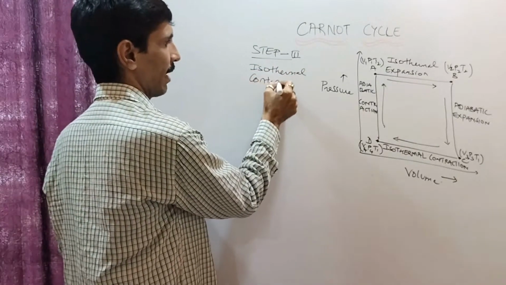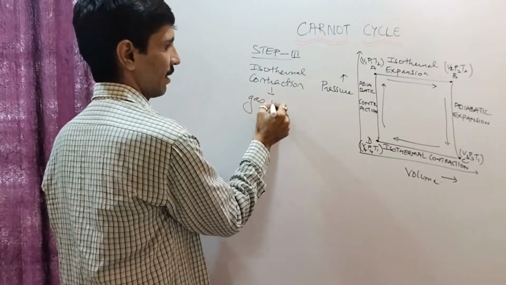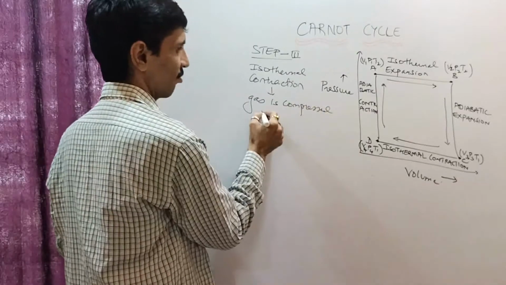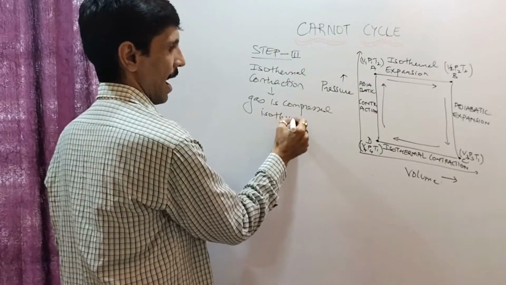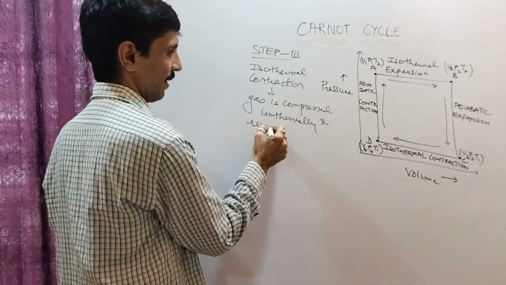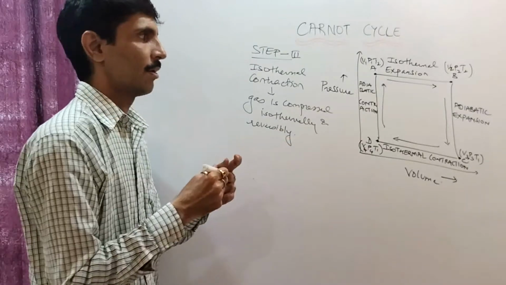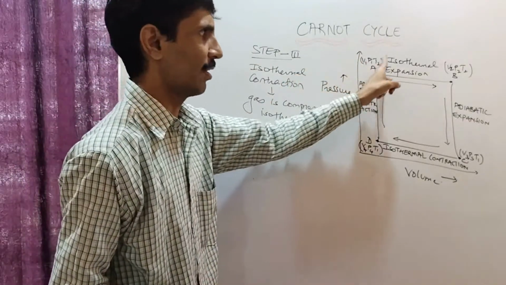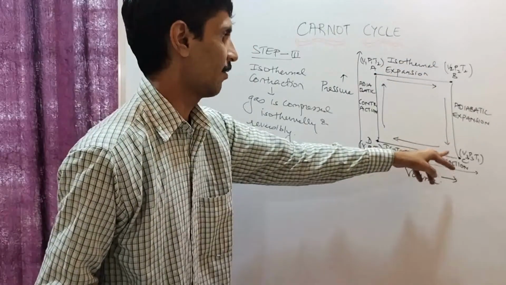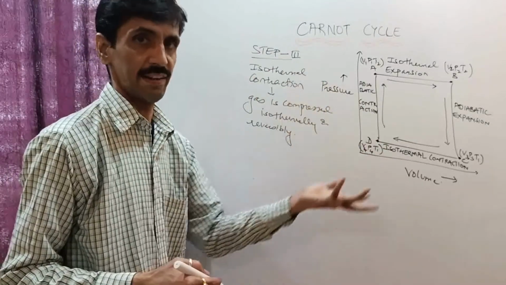Now when I talk about isothermal contraction, the gas is compressed isothermally and reversibly. Here, my dear friends, please be very clear, we are now going into the cold reservoir. Initially it was a hot reservoir from A to B, from B to C we talk about an insulator, and now when we go into step 3, that is C to D, we are going into a cold reservoir.